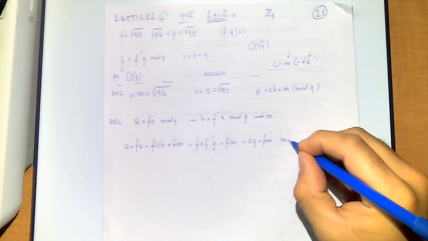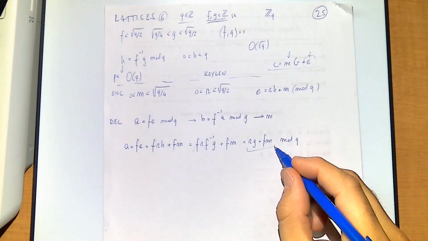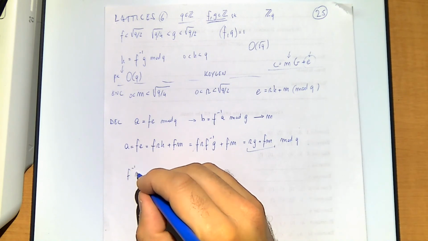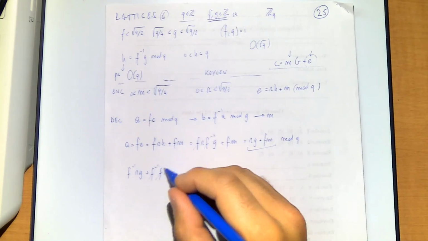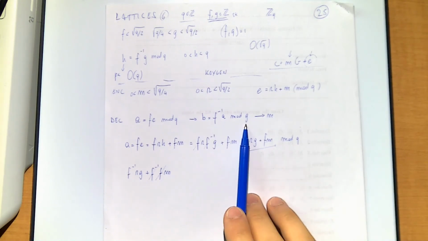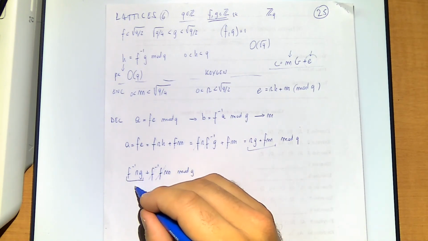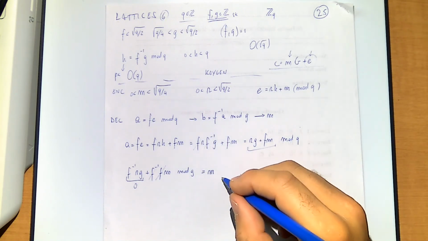All of this is modulo Q. Good, so now I have this quantity, and I multiply by F inverse. So I will get F inverse R G plus F inverse F M. Makes sense? Now, obviously this goes away, and the key is I'm going to take this modulo G. So if I take this mod G, then this thing is 0, because there's a G there. And so I get exactly M. Mod G, yes.